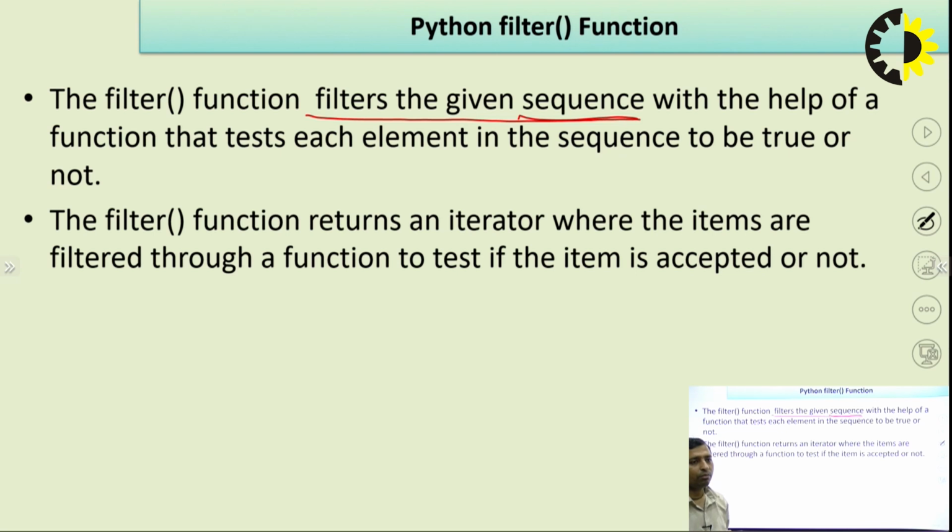The filter function returns an iterator. After the filtering, it returns the iterator where the items are filtered through a function to test if the item is accepted or not. We will see the example to clarify all these.